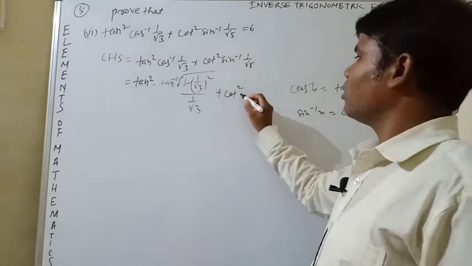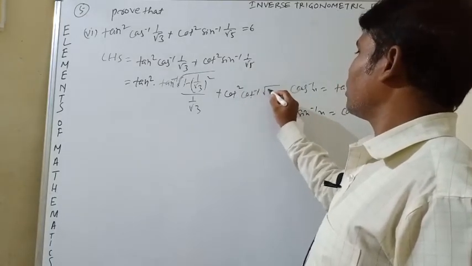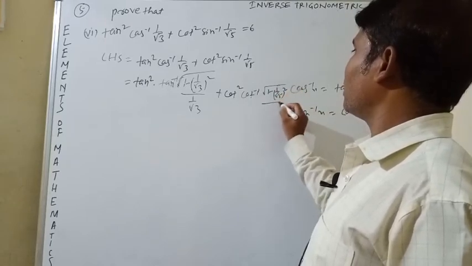So this is equal to cot inverse root over 1 minus 1 by root 5 whole square by 1 by root 5.